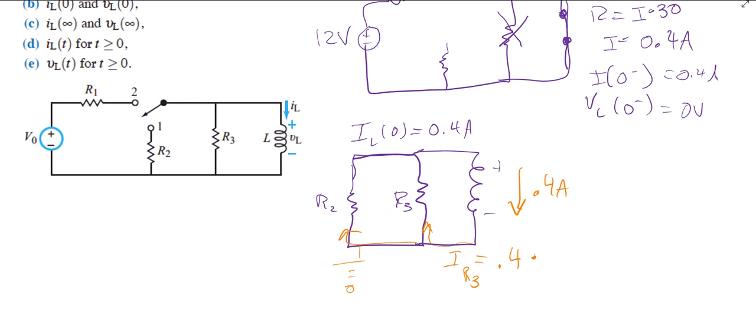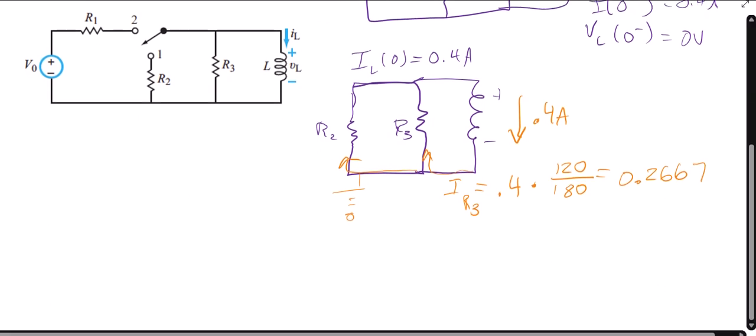The other resistor was 120 over the sum of the resistors. R3 is 60, so this is 180. And this is 0.2667 amps. Now I'm going to use that to find the voltage across R3.